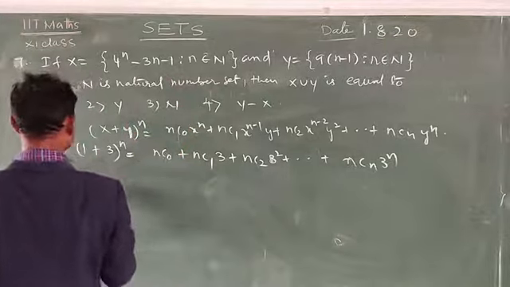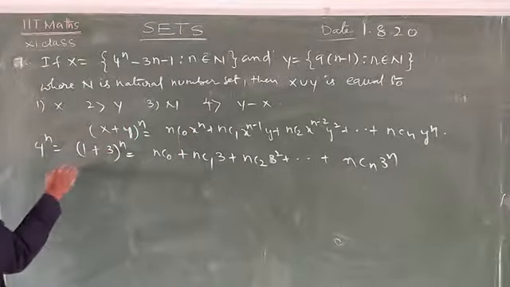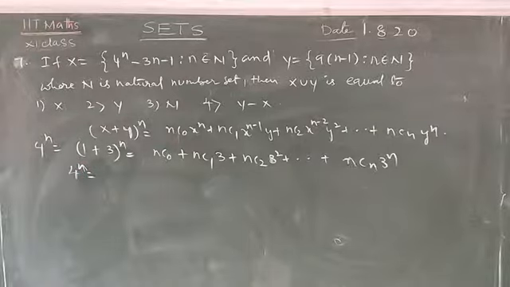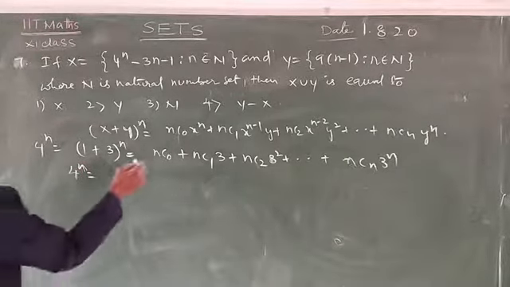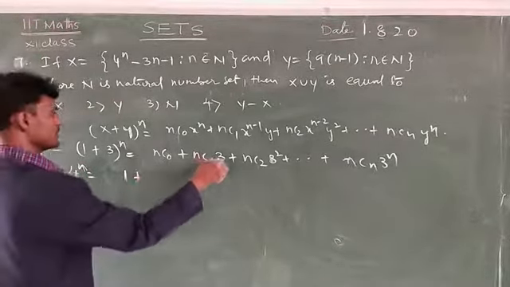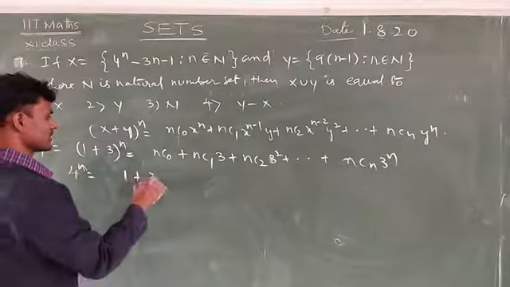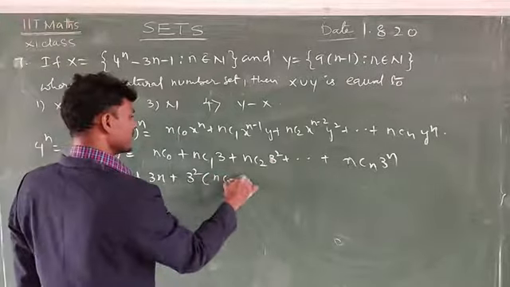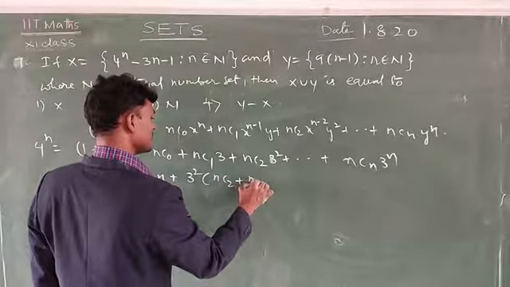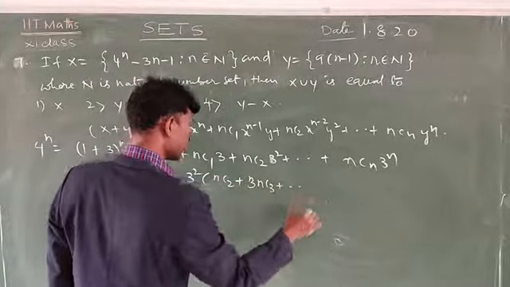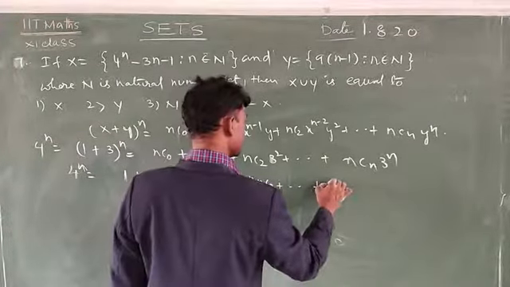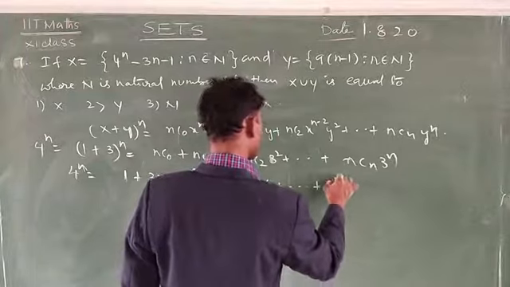Now see here, this is 3 plus 1, 4, 4^n is equal to nC0 1, here nC1 is equal to n, so 3n, plus here you can take 3 square common, then nC2, the next term is 3 nC3, plus up to so on, here nCn means 1, 3 power n minus 2.